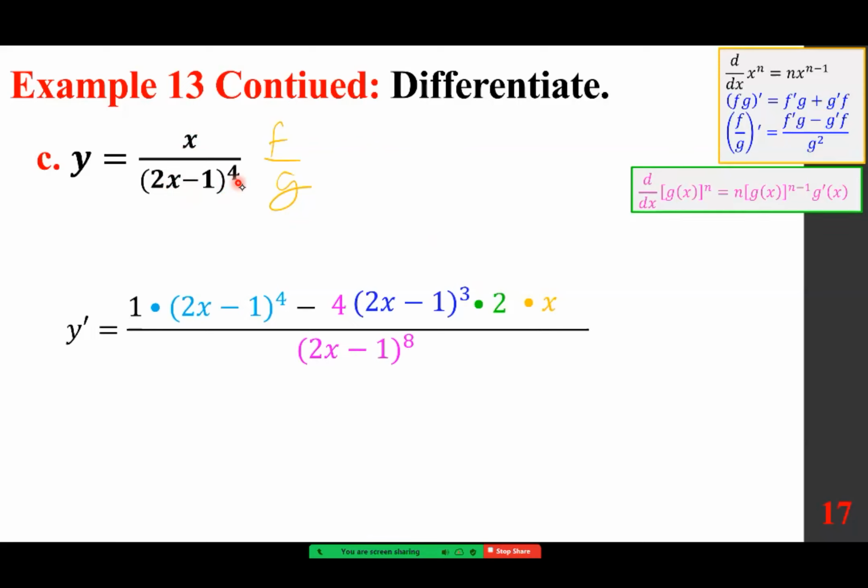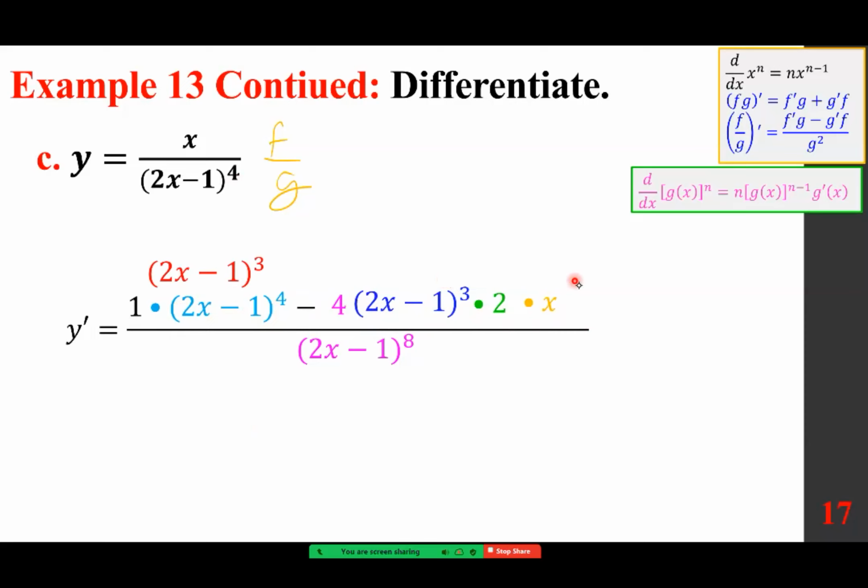Done with calculus. We are going to simplify. So notice 2x minus 1 is in common. This has exponent 4, this has exponent 3. We're going to go with the exponent 3. The first piece leaves us 2x minus 1. What about the second piece? If (2x minus 1) cubed is gone, it leaves us -4, 2x.